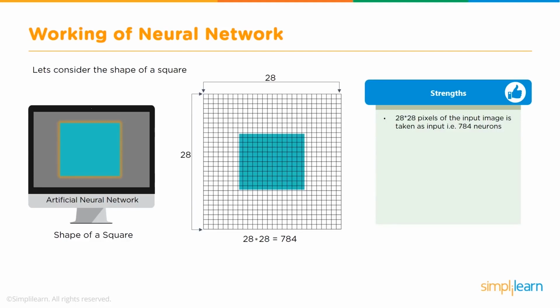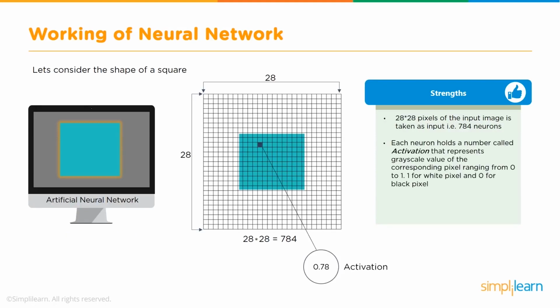So all this information contained inside the image can be, let's say, compressed into these 784 pixels. And the way that each of these 784 pixels is lit up provides information about what the image is. So we can train neural networks to use that information and identify the images.